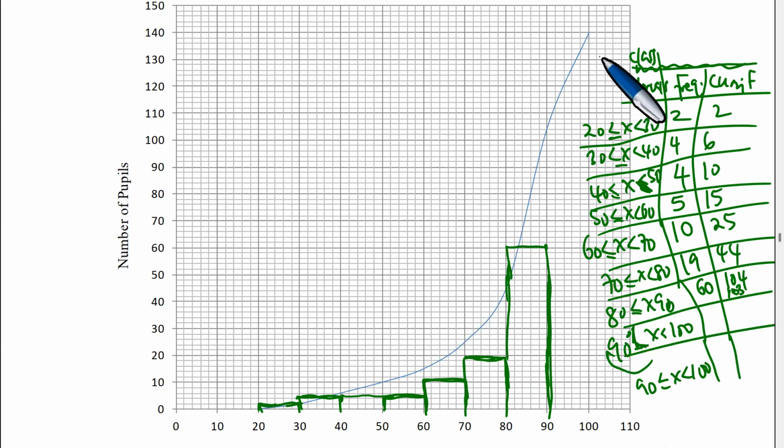Let's check at 100. 100 is sitting at exactly 140 cumulative. So by how much did it increase? It increased by like 36.